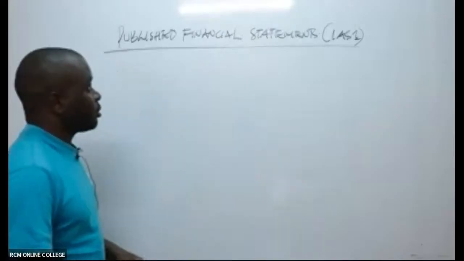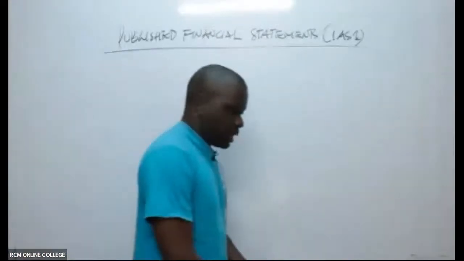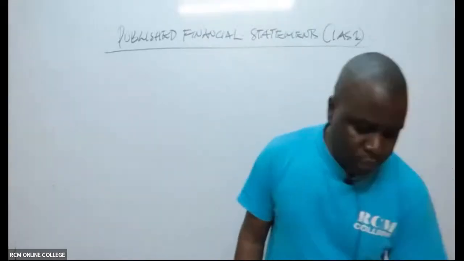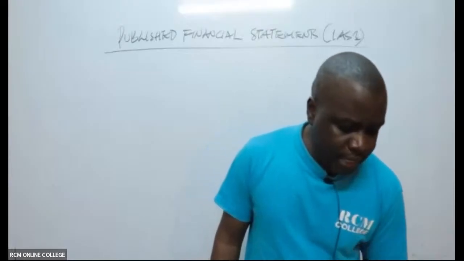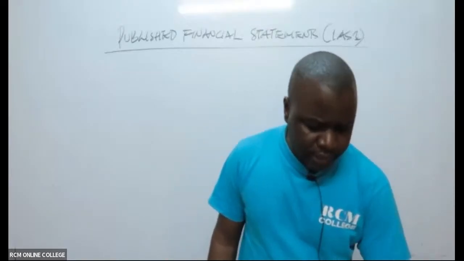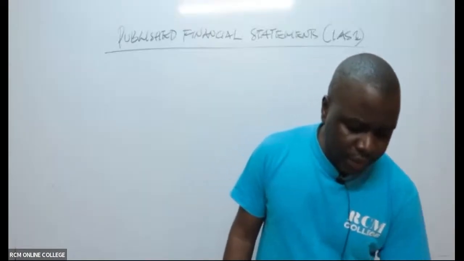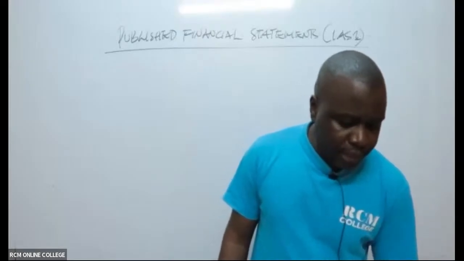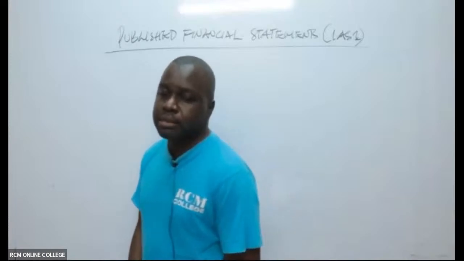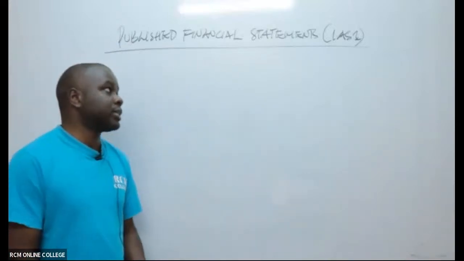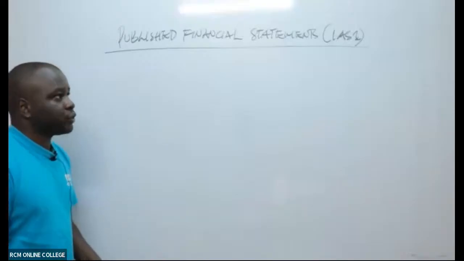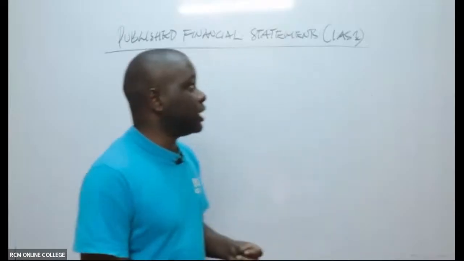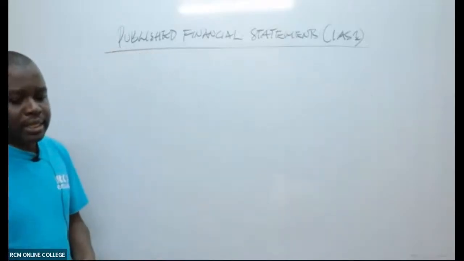Just from the word published, these are simply financial statements which are actually published. In most instances, you must have learned somewhere else that certain entities, when they prepare their financial statements, have to publish them or make them public. For example, public entities have to make them public.